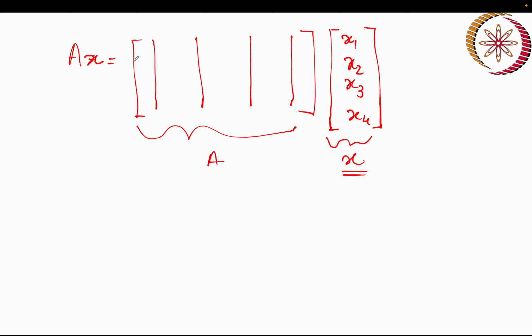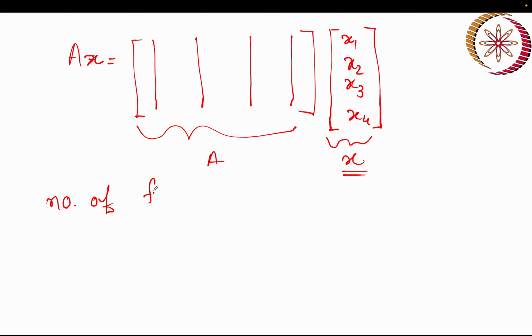Depending upon the number of free variables, the dimension that is spanned by X will get decided. So what is the number of free variables?